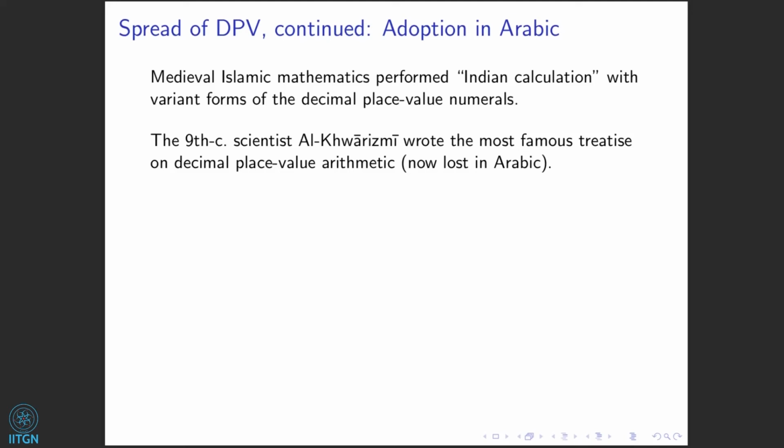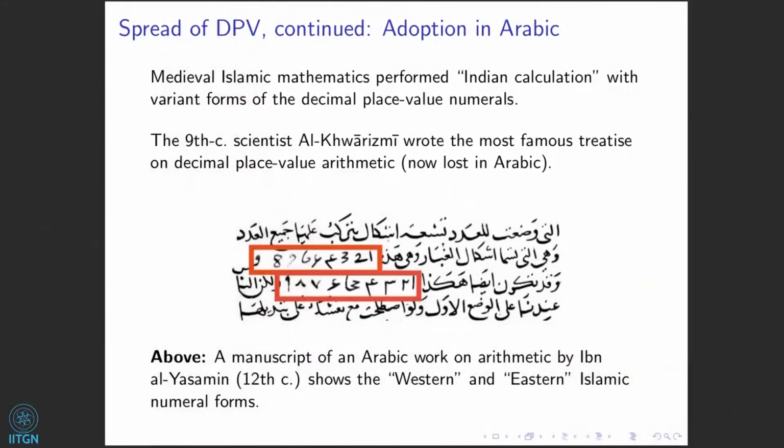And similar discussions of these Indian numerals, Indian calculation, give us information about why the numbers we currently use are different from the numbers that actually appear in Arabic scripts, which in turn are different from the number symbols in the Indic scripts that we saw several slides back.